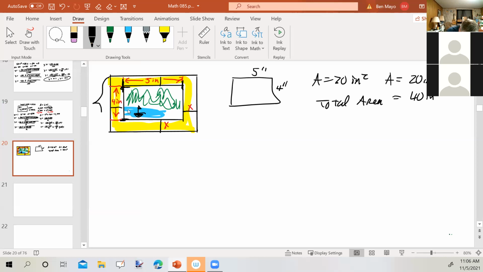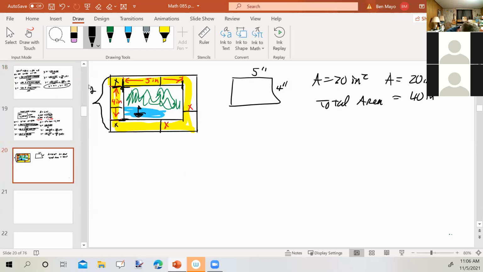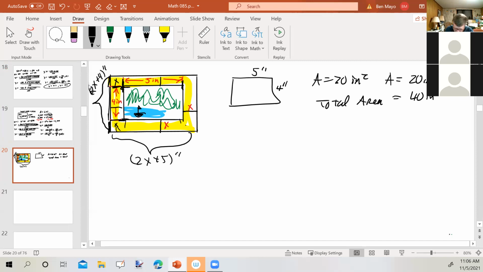This distance, which we'll call the width of the entire thing, is 4 inches plus 2x, so it's 2x plus 4 inches. You see where I'm getting that 2x? There's an x distance here, an x distance here, and then that's 4 inches, okay? This distance is the 5 inches and then there's an x and an x, so 2x plus 5 inches.